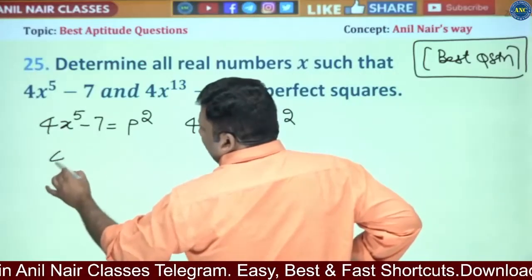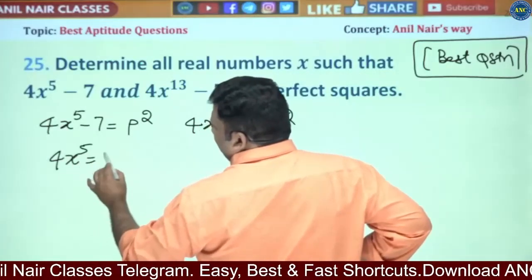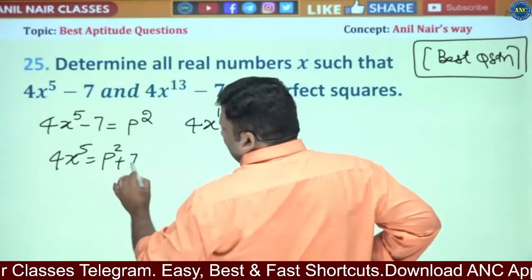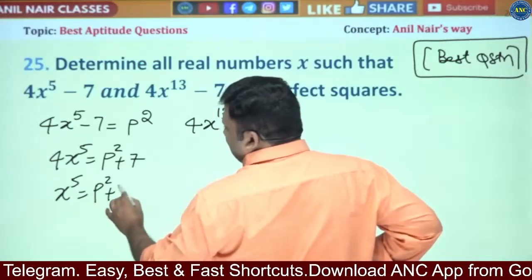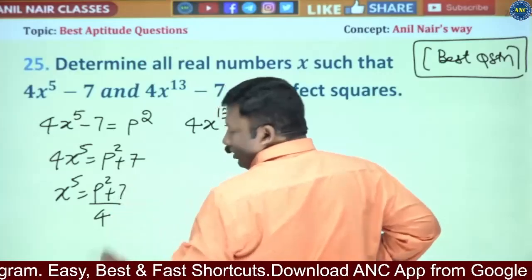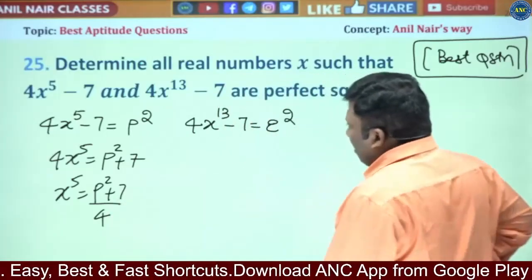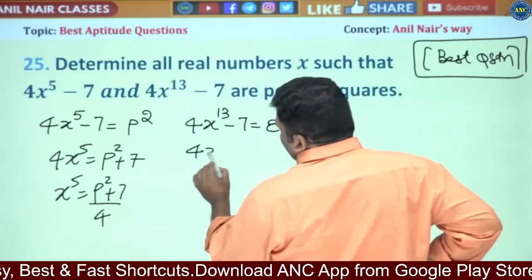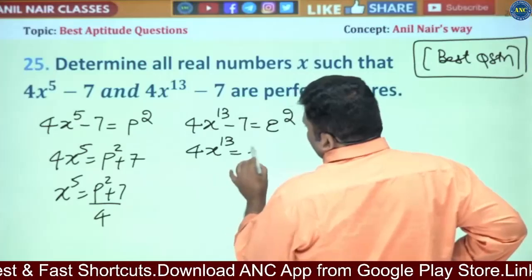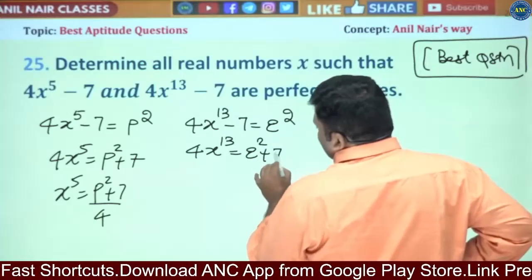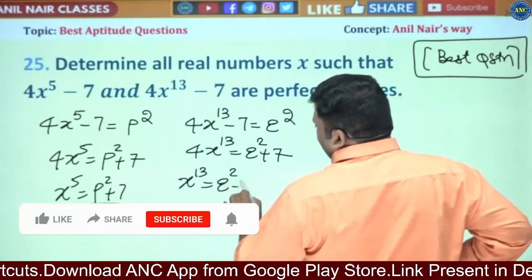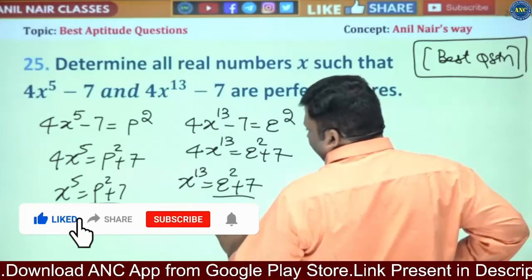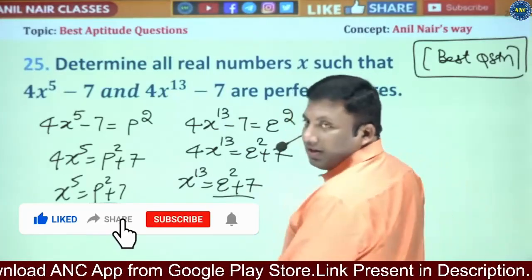So 4x^5 will become p square plus 7, so x^5 will become (p square plus 7) divided by 4. First step clear? So 4x^13 is equivalent to q square plus 7, so x^13 is equivalent to (q square plus 7) by 4.